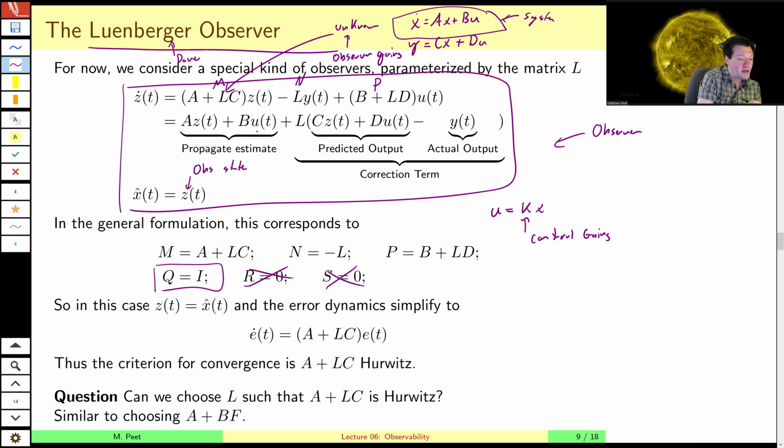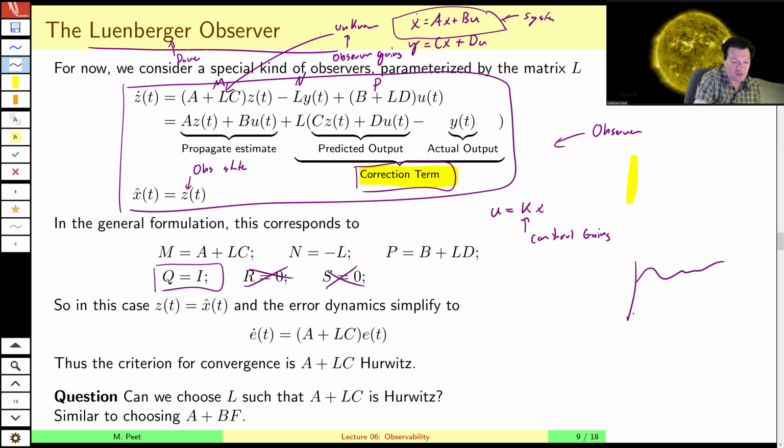And then, in addition to that, we have a correction term. Obviously, if there was no correction term, your estimate of the state, even if you're propagating it with the same dynamics, is going to diverge from the state. Here's the actual state, and it's evolving like that.